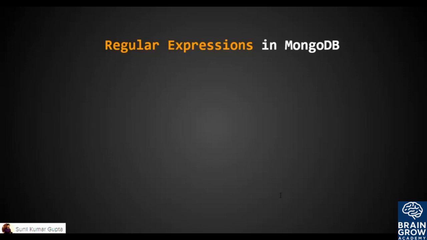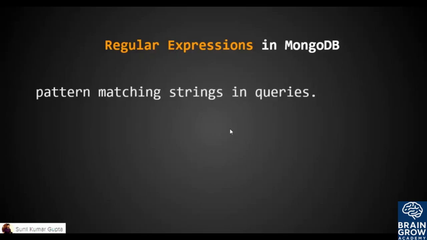to query this. Like in relational databases we have search capabilities, where we use the LIKE operator. In the same way MongoDB also provides regular expressions, so we can use them to match a pattern in a string while querying the data.